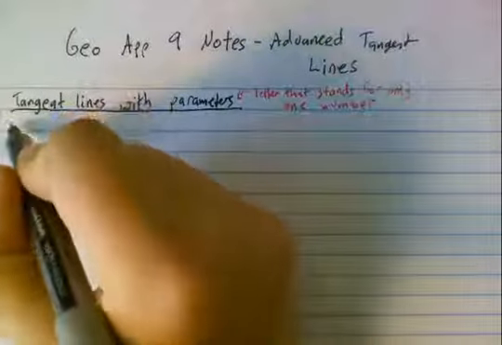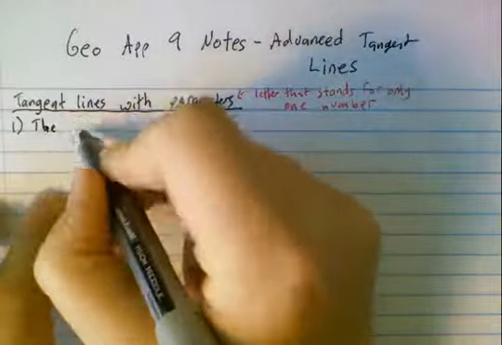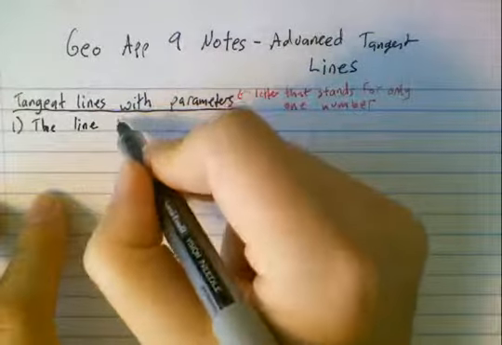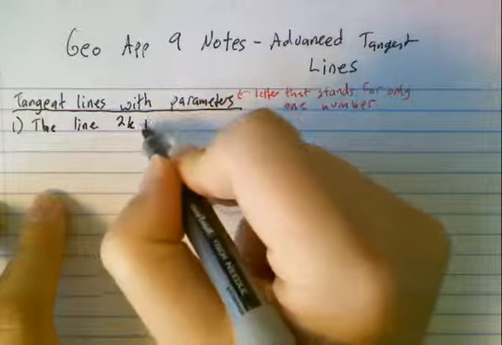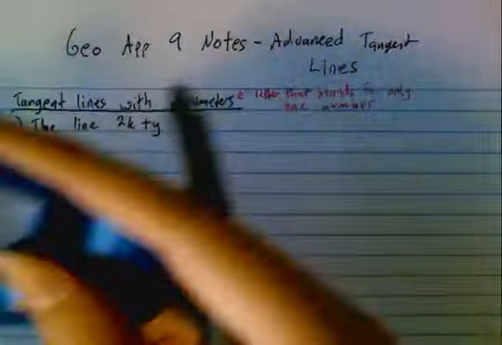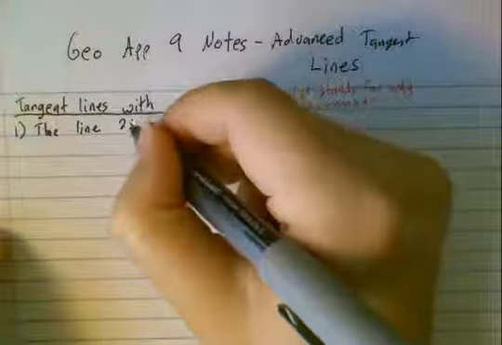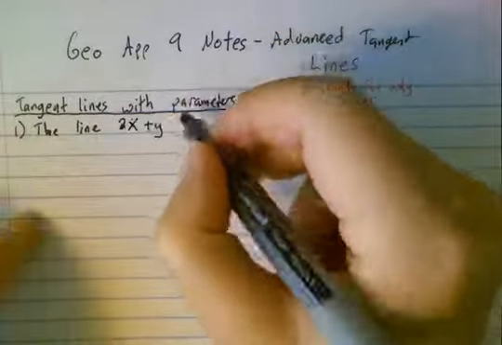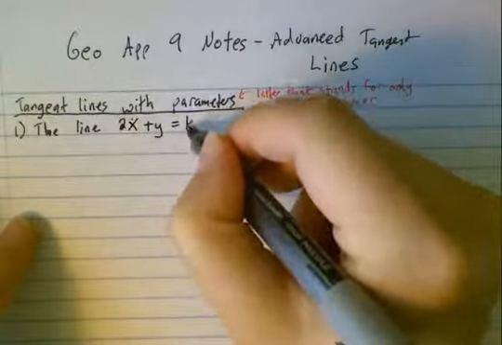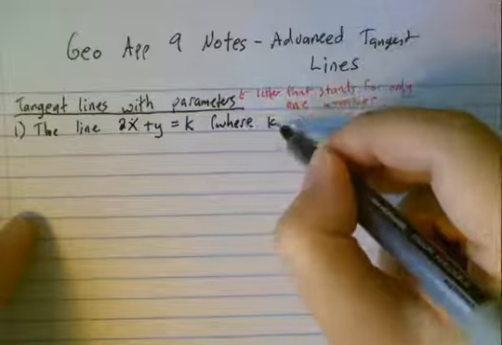And here's an example problem. The line 2x plus y equals k, where k is a constant.